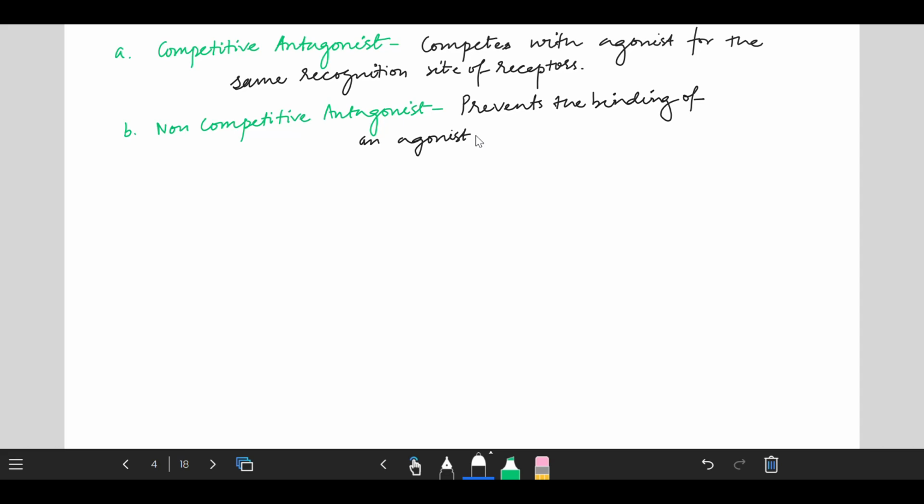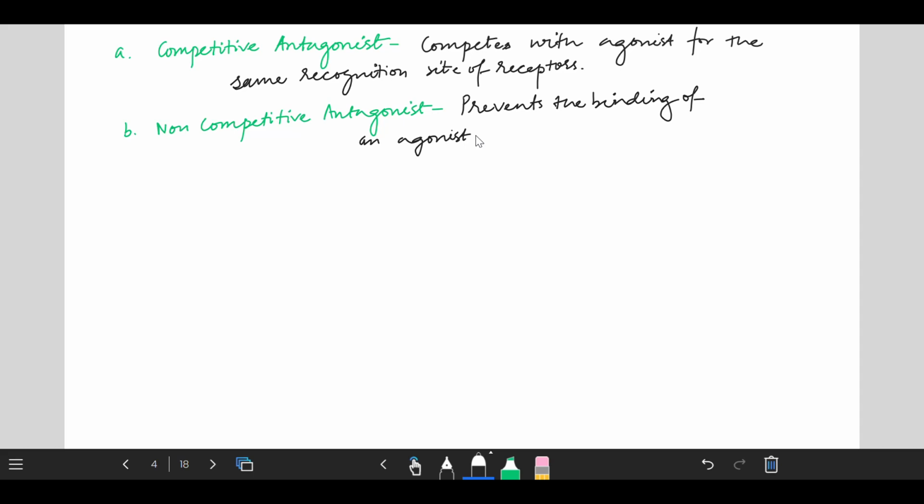They bind to the receptor irreversibly, or they can bind to another site that is known as the allosteric site of the receptor. Clear? So, a non-competitive antagonist can bind irreversibly to the recognition site of the receptor and block the binding of an agonist.